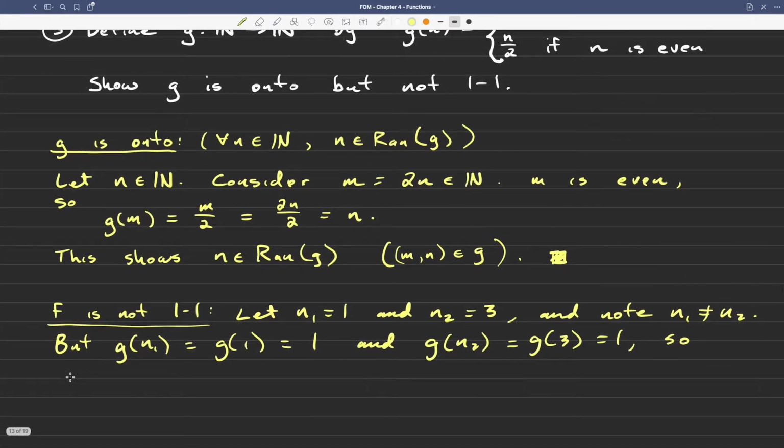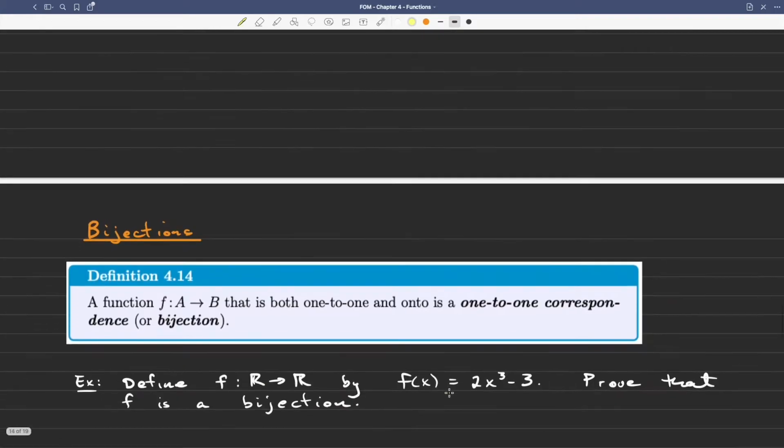So we have g of n1 equals g of n2, but n1 does not equal n2. So that violates the property of 1-to-1.